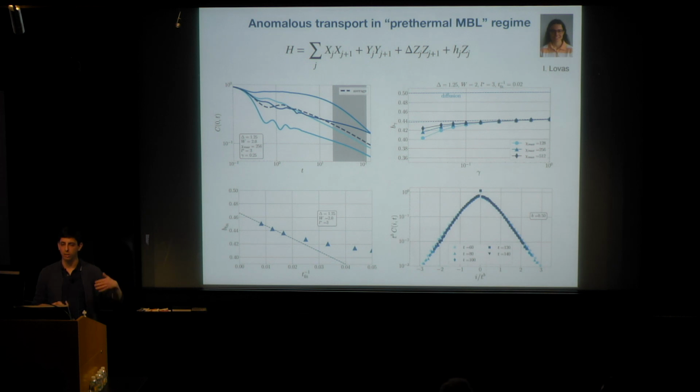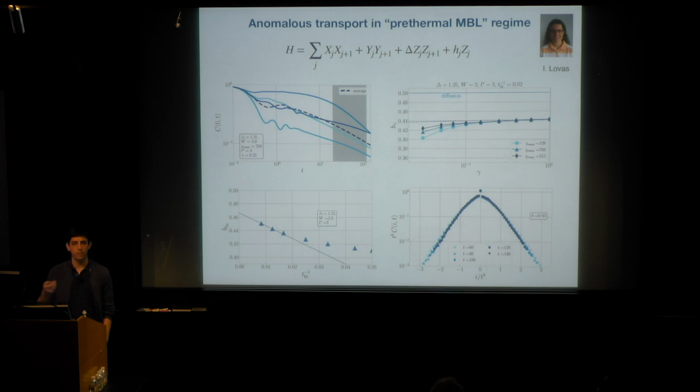Eventually, this model is expected to become localized, but there's a very interesting regime before it becomes localized, where people have reported numerically that they see a subdiffusive transport regime. You go from diffusion to slower than diffusion before becoming localized. And so we're exploring this regime numerically.